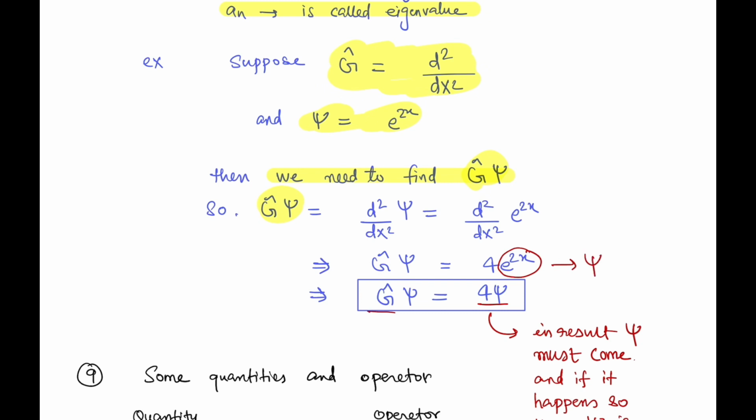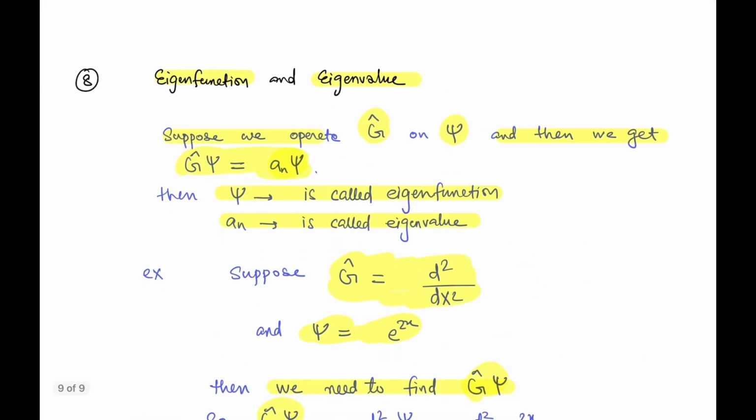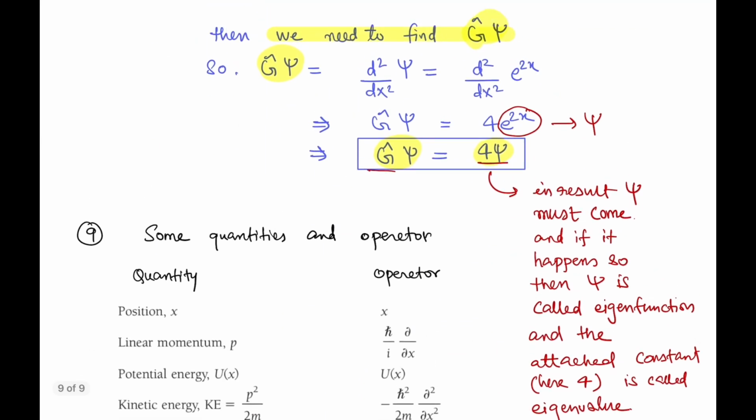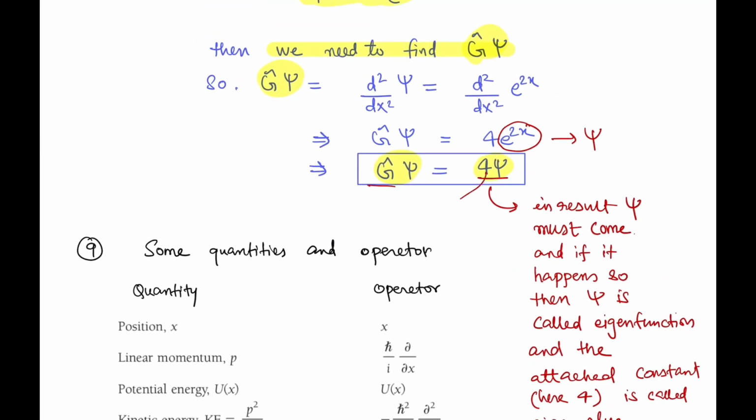So g operator on psi is 4 times psi, the same formula we just saw: g operator on psi is some constant, 4, times psi. So this 4 is the eigenvalue and this psi is the eigenfunction. This is pretty simple.